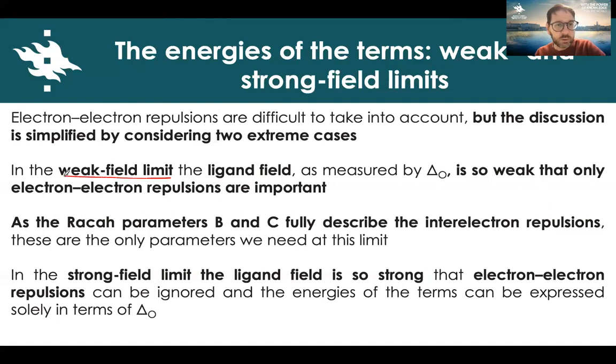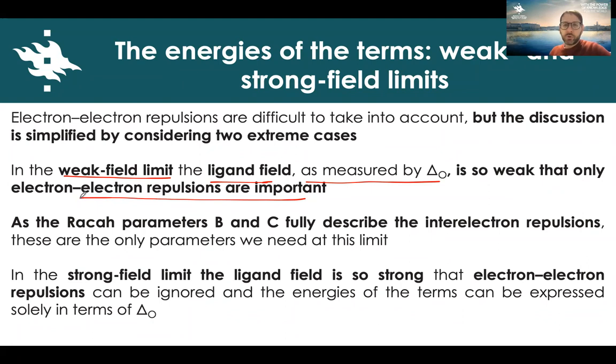The first is the weak field limit, in which the ligand field, which is measured by the ligand field splitting parameter, is very weak. So this is so weak that only electron-electron repulsions are important.